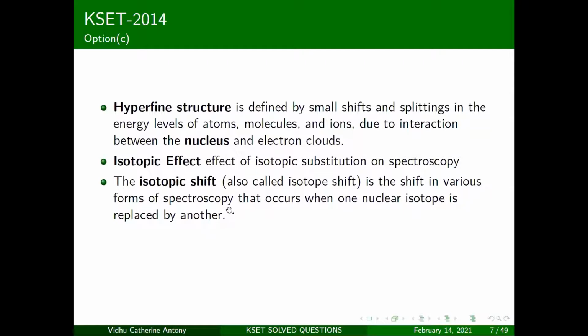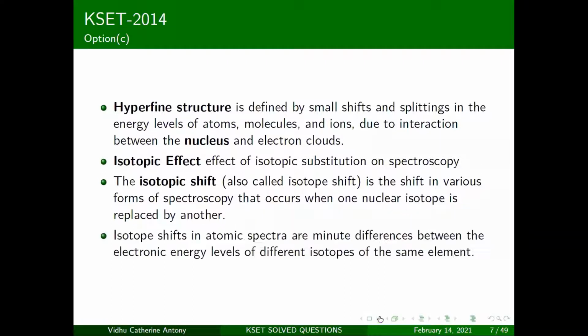So it is the shift in various forms of spectroscopy that occurs when one nuclear isotope is replaced by another one. Isotopic shifts in atomic spectra are minute differences between the electronic energy levels of different isotopes of the same element. This is the key point here.